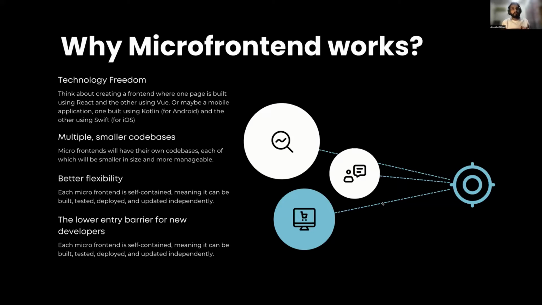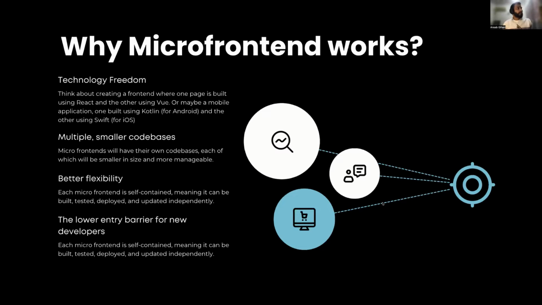Micro frontends offer you that functionality that's essentially going to help you make one server out of a React app and the other server out of a Vue app. On the other hand, you could imagine something like Android development and iOS development, where you can use Kotlin for Android and maybe Swift for iOS. So essentially, it's a very big freedom that you get with using technology.